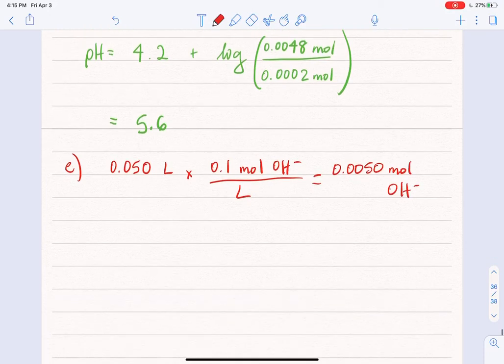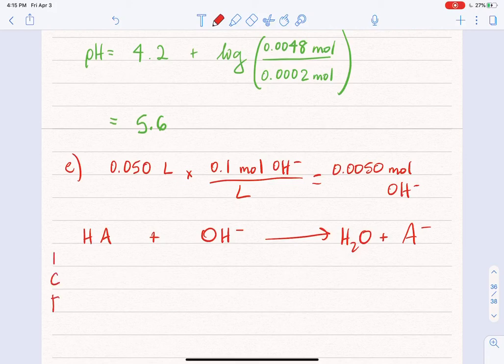And you can probably guess what's going to happen here. Think about that hydroxide reacting with the benzoic acid to make water and benzoate. Going to make that ICF chart. So I started out with 0.0050 moles of HA, and I've added 0.0050 moles of hydroxide.